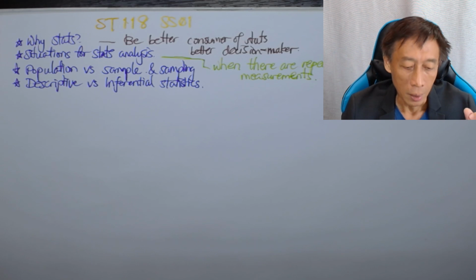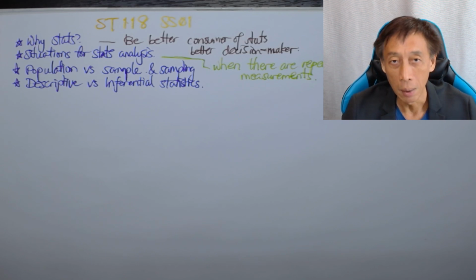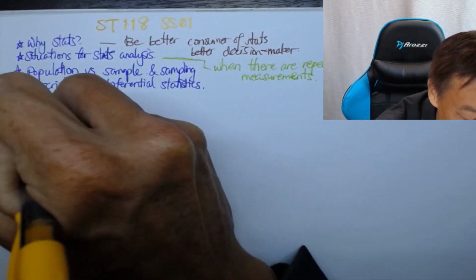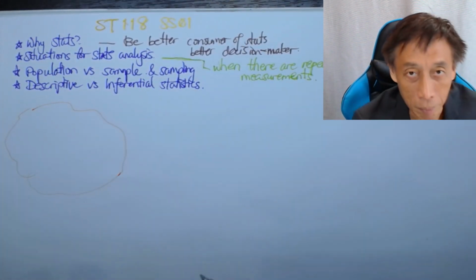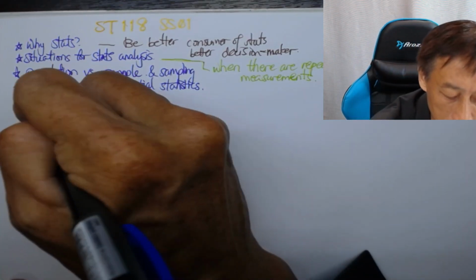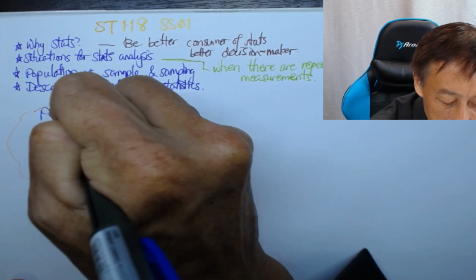Now, income will be the population, because here the population, we're not talking about country population. We're talking about a bank of numbers.